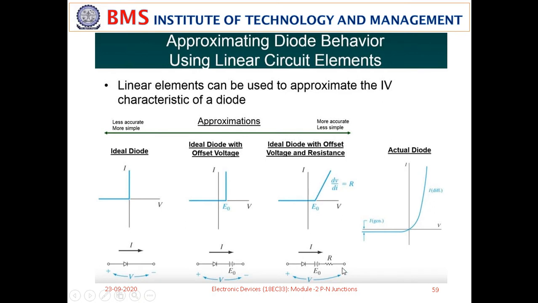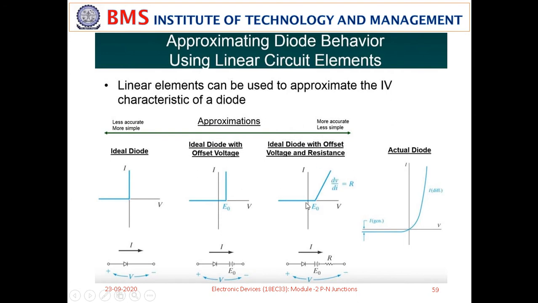Each one represents a significance here. The ideal diode that we are using acts like a one-way device, conducts current in the forward direction, and blocks current in the reverse direction. So, you can imagine the first model characteristics, and the moment we add E naught, we can remember the second model characteristics, and then we have all three elements together.